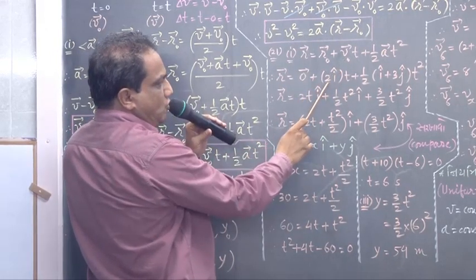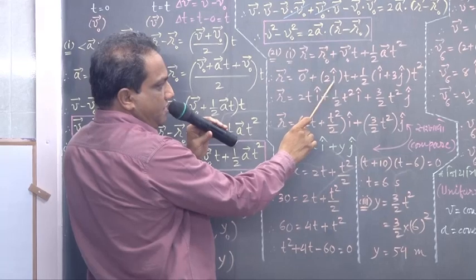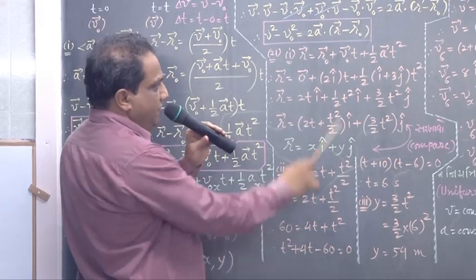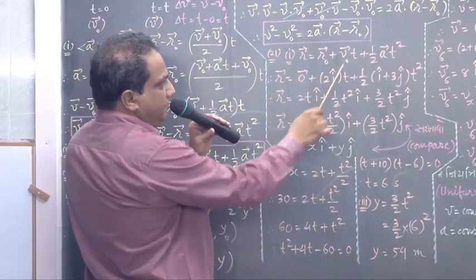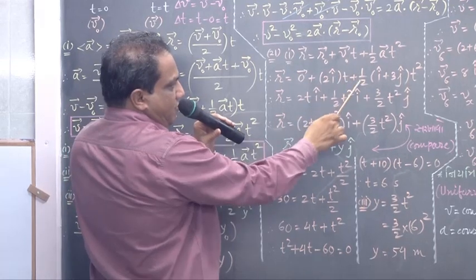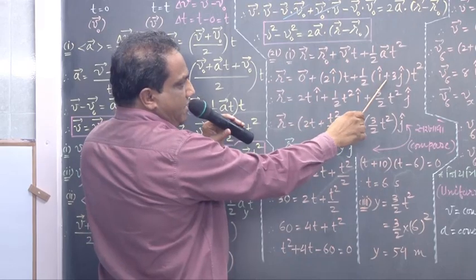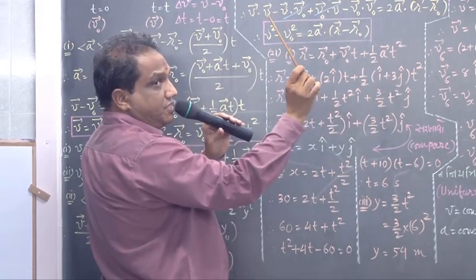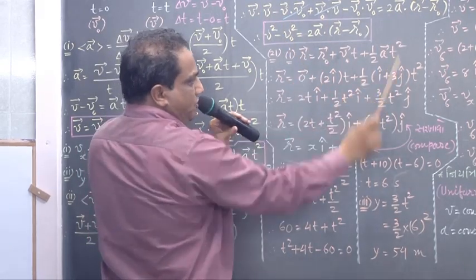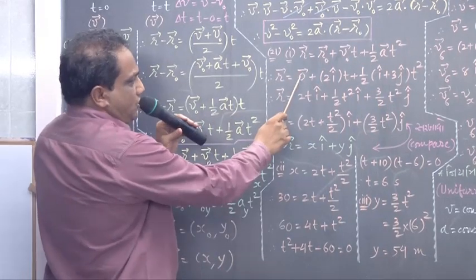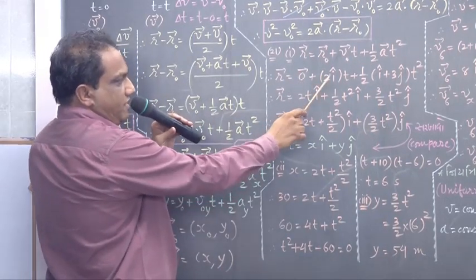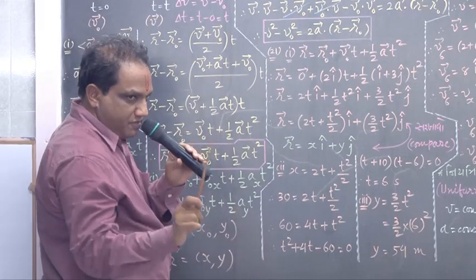They have given 2 i hat meter per second. t as it is, 1 by 2 as it is. This is the constant acceleration they have given, i hat plus 3 j hat meter per second square, into t square. A 0 vector, when you add it to any other vector, makes no difference.